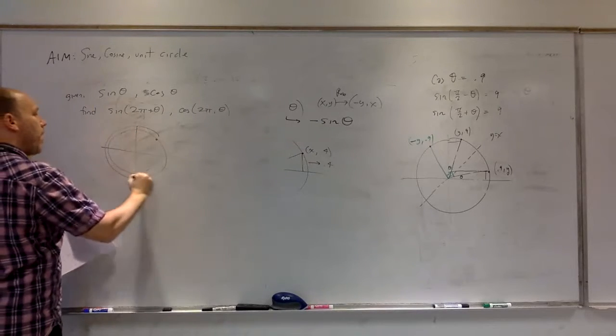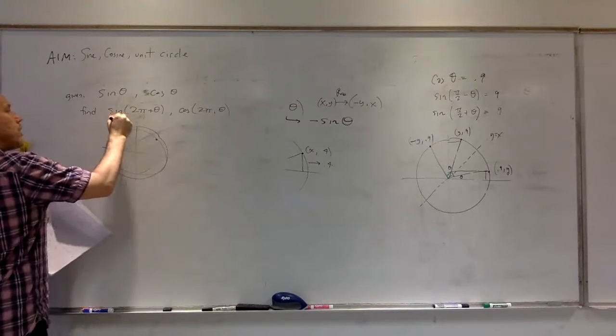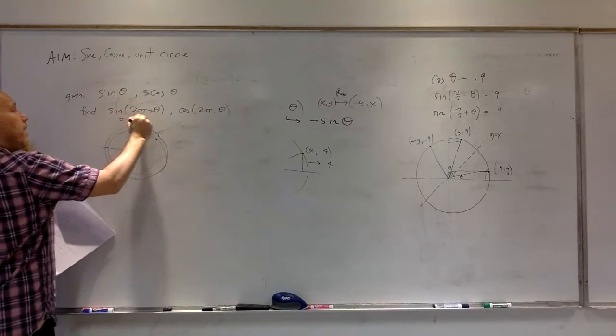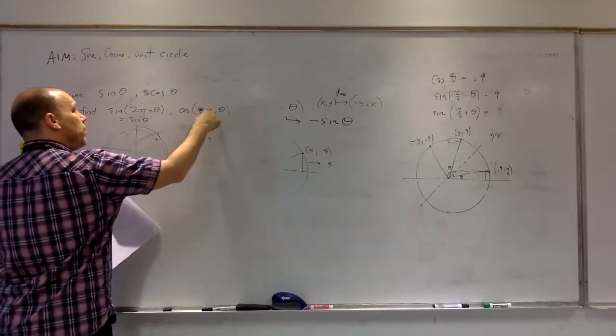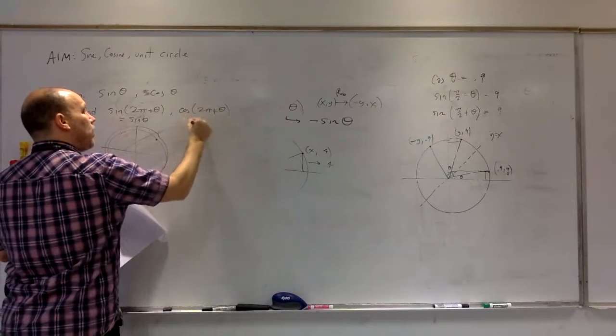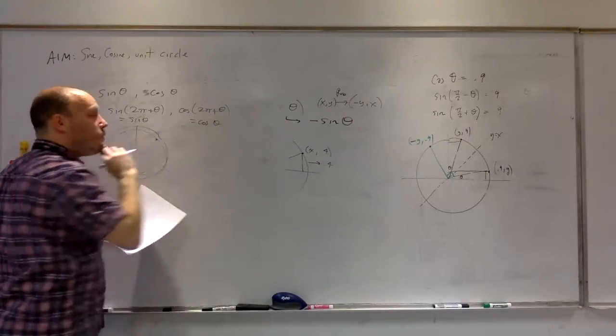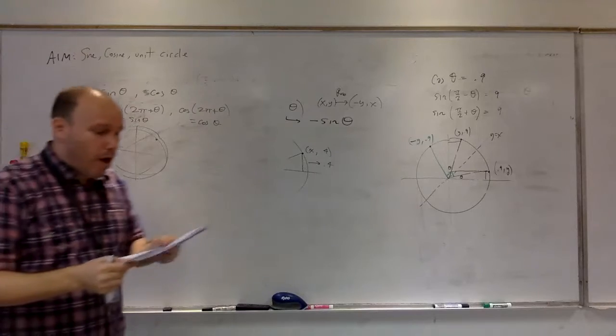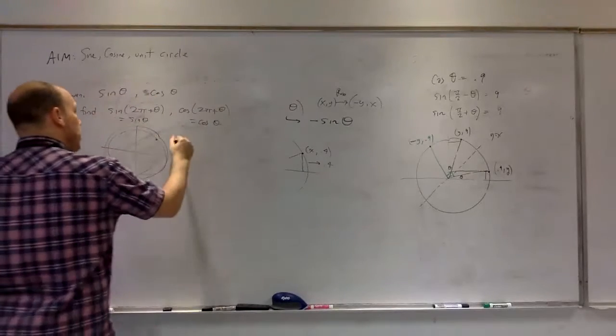Any point takes me back to the same point. So sine of 2 pi plus theta equals sine of theta, and the cosine of 2 pi plus theta is equal to cosine of theta. And so we're introduced to this idea of a periodic function.